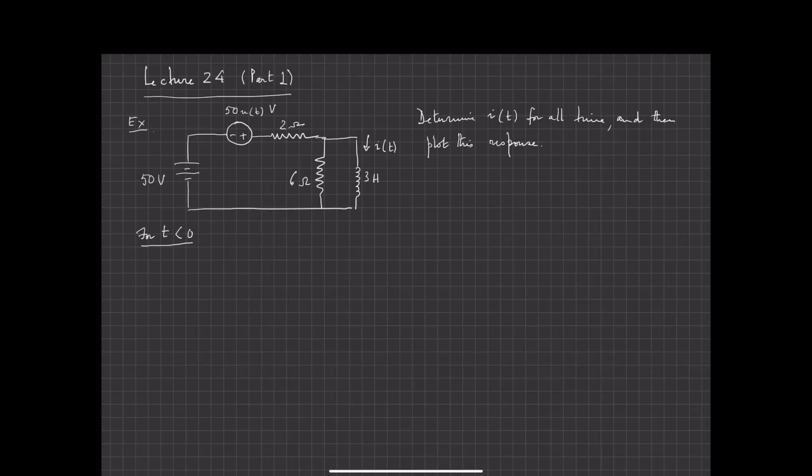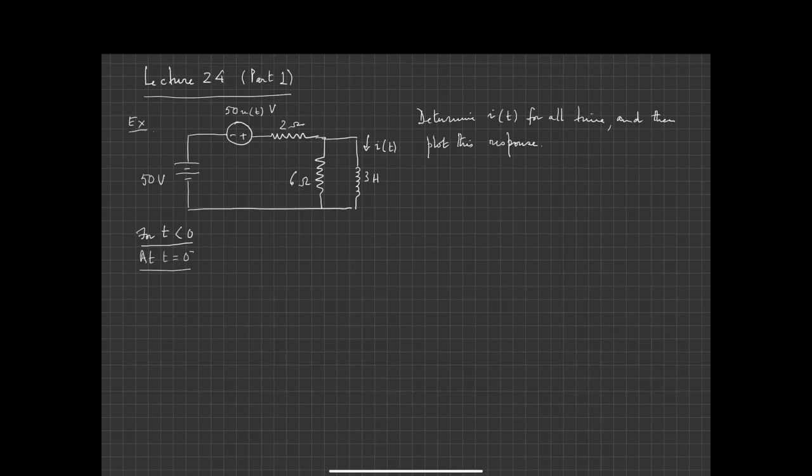And of course the circuit has been sitting here from minus infinity to 0 minus, and it's a DC circuit, and therefore the inductor is a short. So the point I'm making is that I only need to look at the response of the circuit at t equals 0 minus, because from minus infinity to 0 minus, it's a DC circuit problem.